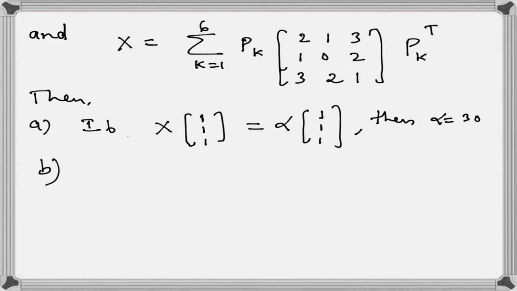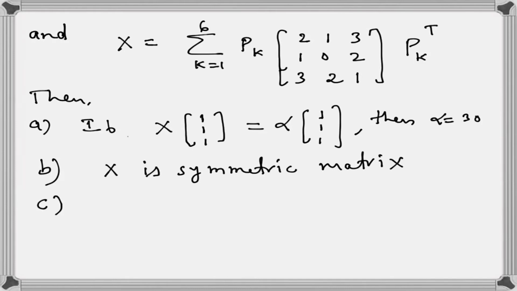Part B: show that X is a symmetric matrix. Part C: X minus 30I is not an invertible matrix.